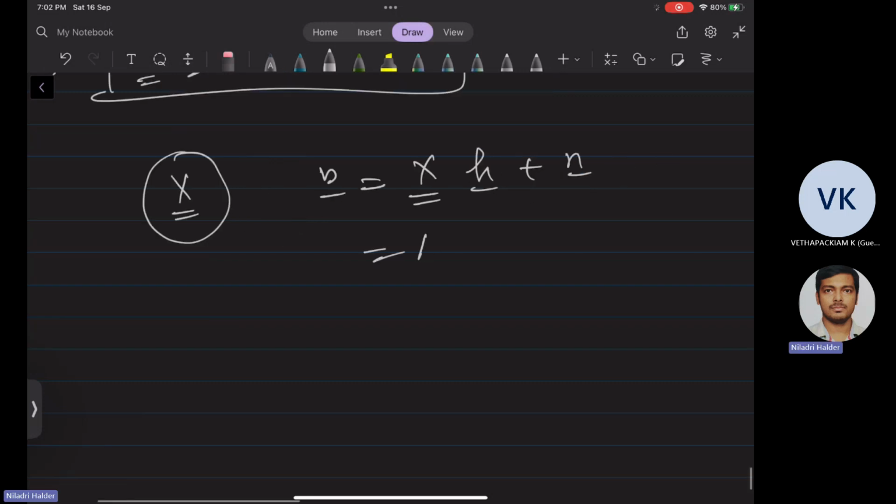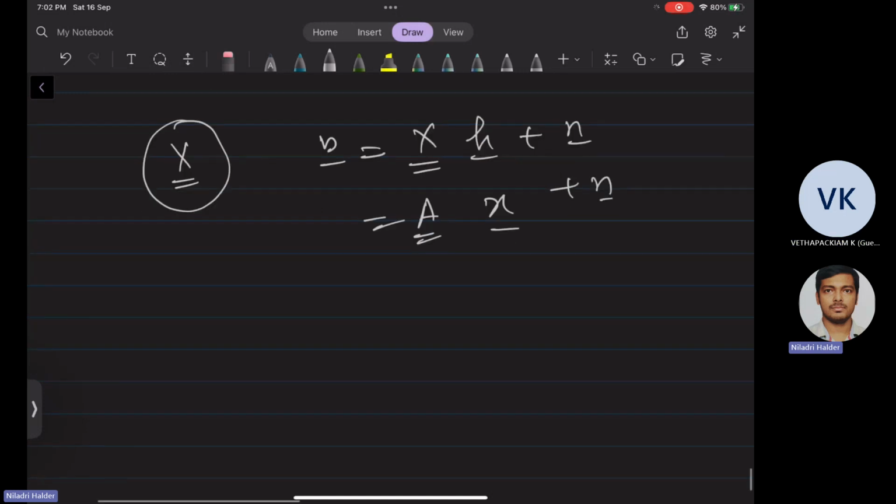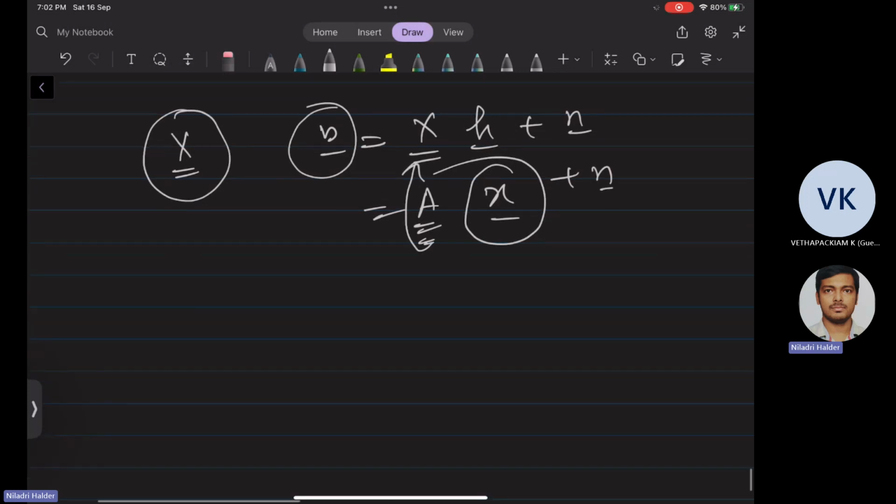It's similar to y equals A into x plus some noise, which is similar to finding x using this y, where A is this matrix. That means it's nothing but the pseudo inverse of X multiplied with Y. You understood? This is the solution.